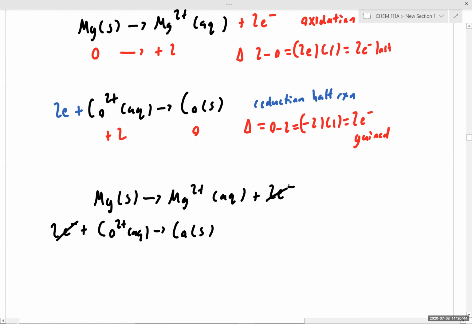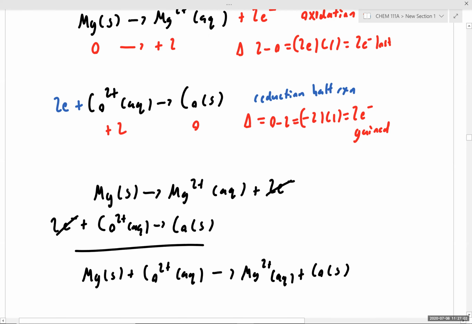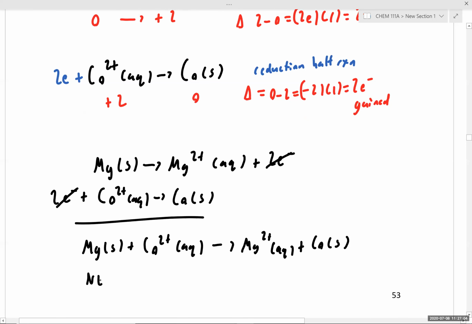If we add these equations together, the 2 electrons cancel and we get magnesium solid plus cobalt 2+ aqueous leads to magnesium 2+ aqueous plus cobalt solid. And this equation serves as our net ionic equation in most cases.